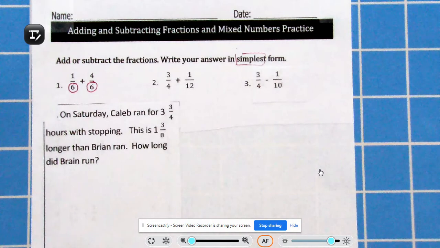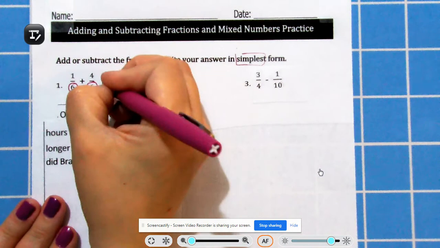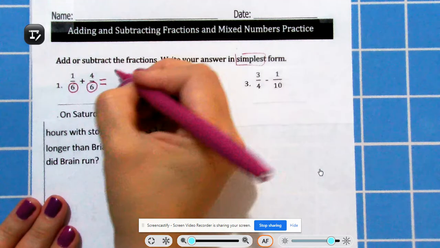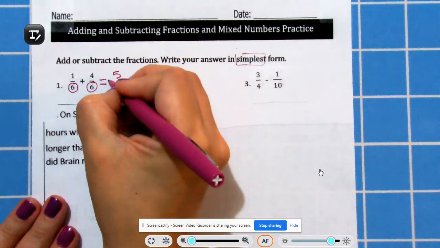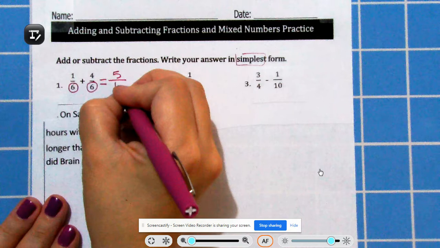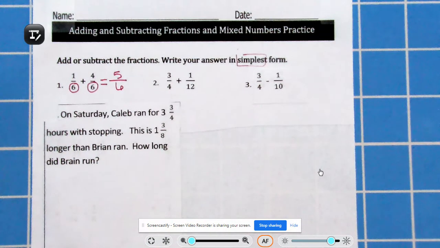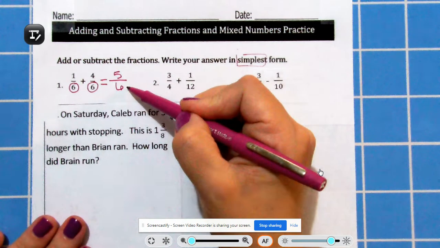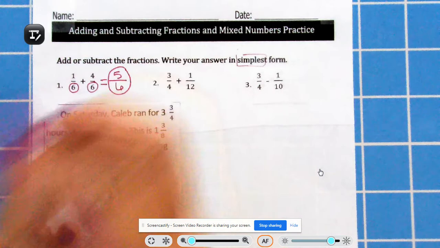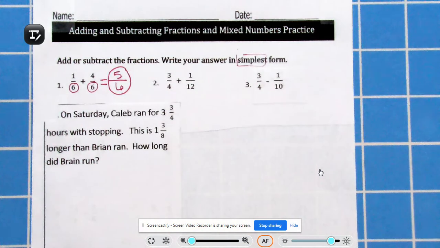When you have like denominators, you just have to add or subtract. 1 and 4 more would be 5, and then your denominator stays the same. 5/6. Our numerator is 1 less than the denominator, so that means this fraction is simplified. That is your final answer. 1/6 plus 4/6 is equal to 5/6.